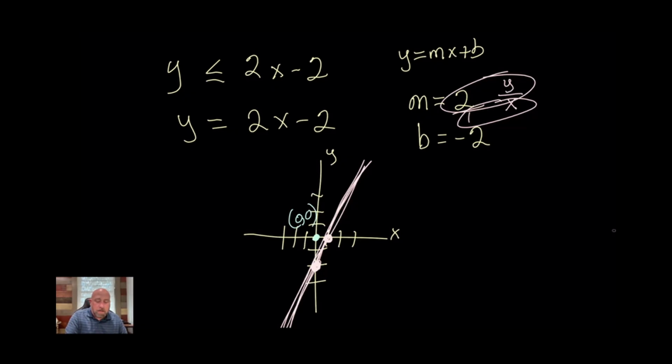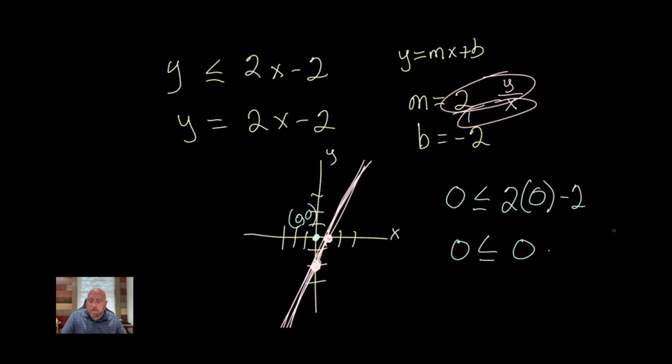Okay, so here we go. Let's try it. So y equals 0 is less than or equal to 2 times 0 minus 2. So 0 is less than or equal to 2 times 0, which is 0, minus 2. 0 is less than or equal to negative 2.